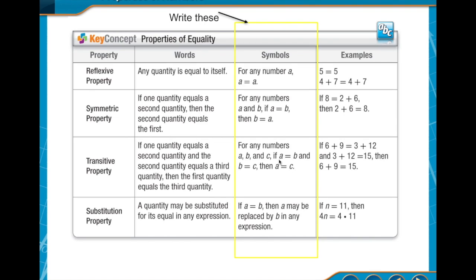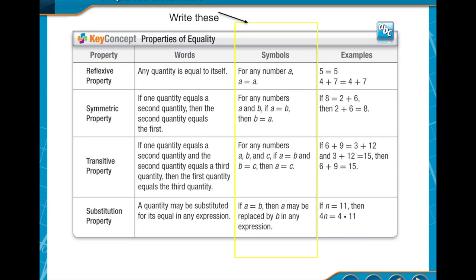So basically, if you know that two numbers are equal to each other, if a equals b and c also equals b, then a and c must also be the same. So it lets you see that some third number is equal to what two other numbers were equal to, which we're given those. Substitution, which you've seen many, many times, allows you to replace something with what it's equal to.